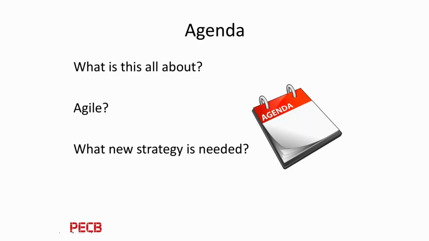What is this all about? Well, it's about how to fit the information security requirements, risk management, and all those steps within the PDCA cycle into an agile approach. We will shortly focus on what Agile is. There are many forms of Agile, so we limited ourselves to the most obvious forms of Agile management and Agile security management, and we will provide you with some of the solutions that we implemented to at least get an alignment between Agile and information security.